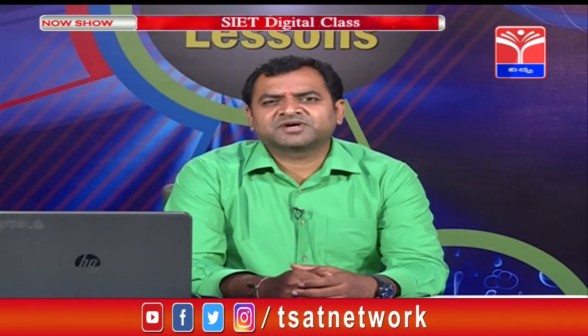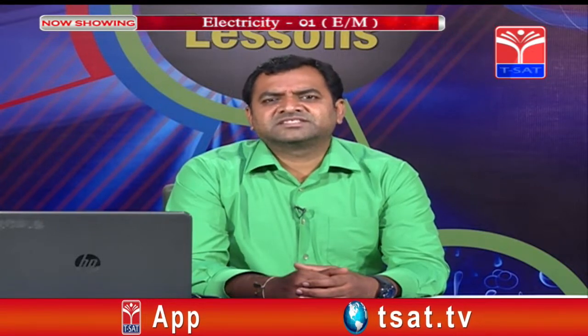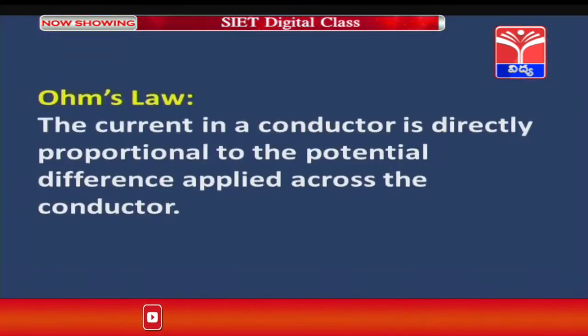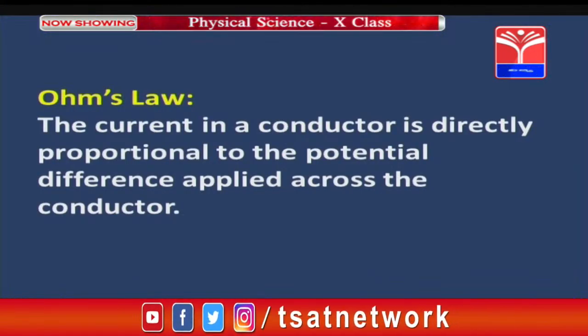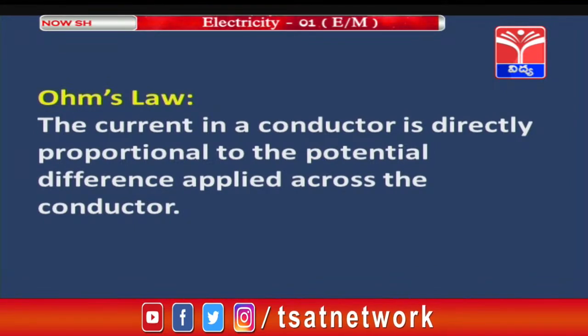This was observed by Ohm, and hence this law was framed. We call it Ohm's law. The current in a conductor is directly proportional to the potential difference applied across the conductor.